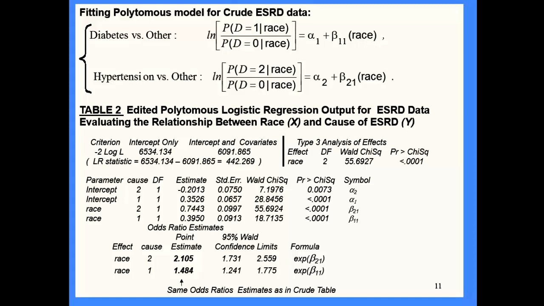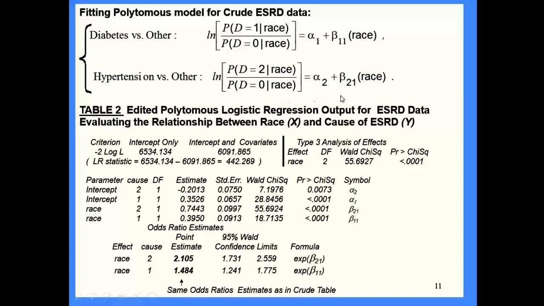Now here's the output for the crude data. You notice this is the model for the crude data. There are no other variables being controlled for, but how many parameters are there? There are 2 alphas and 2 betas, right? So in the output, when you run the model, and I'm not exactly telling you yet, but I will very soon tell you how to run the model, how you do the actual computer work, you're going to get an estimate of each one of these parameters.